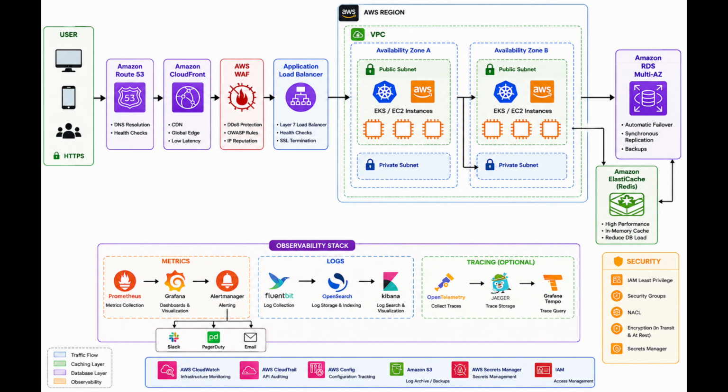Then encryption can be enabled both in transit using HTTPS or TLS, and at rest for services like RDS, EBS, or S3 to secure any sensitive data. We can also use AWS Secrets Manager to securely store and manage any credentials which we are using in our architecture, instead of hard coding them inside our applications or our Terraform infrastructure code.